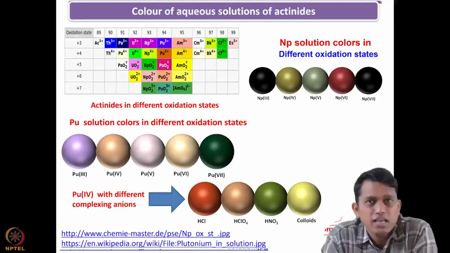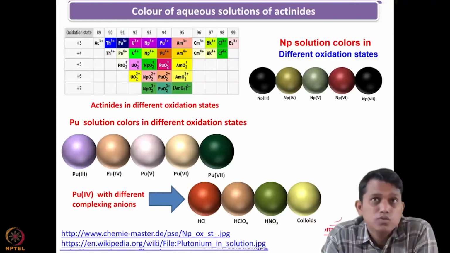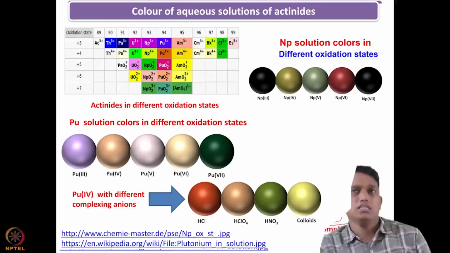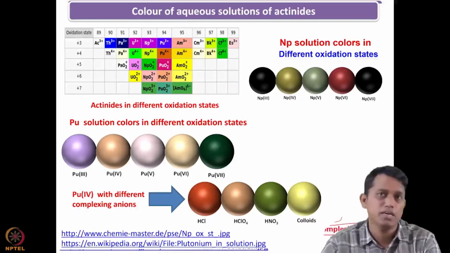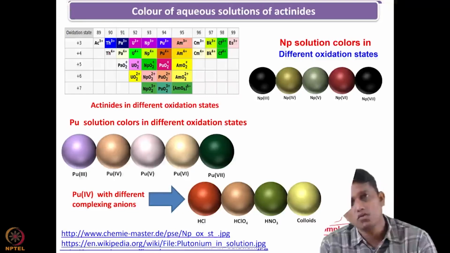Some of the lines may become allowed and some forbidden, and that causes a change in the color because now you have a different spectra, different perturbations, different F orbital splitting in the presence of different kinds of anion. So just by changing the anions you can change the colors here, and that says how strongly the 5F orbital can interact with the external environment compared to the lanthanides.